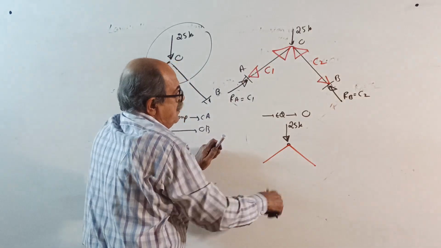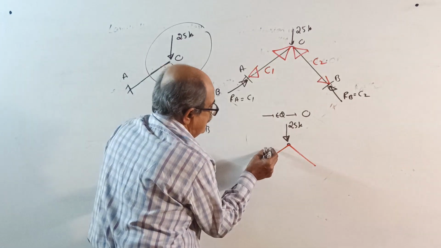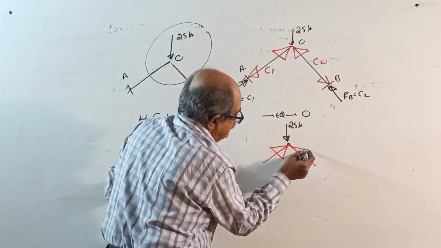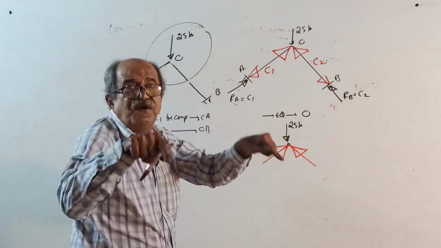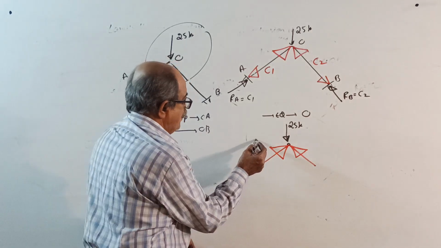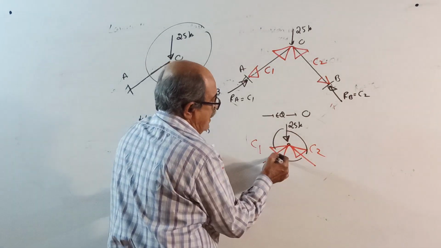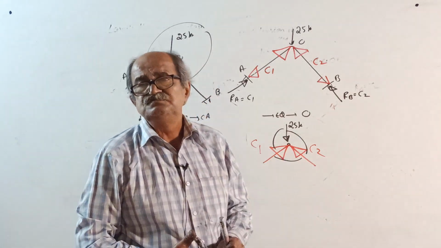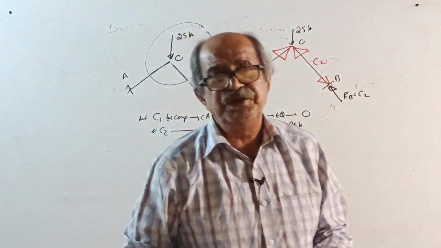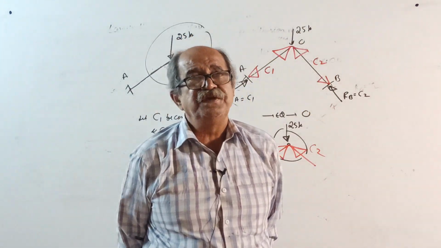If you apply load this way, we already decided the rods will be in compression. It should act towards the point. Tension should act away. I will put C1, C2, find the included angles, and apply Lami's theorem. Now I will close, sufficient. From an engineering mechanics point of view, sufficient.